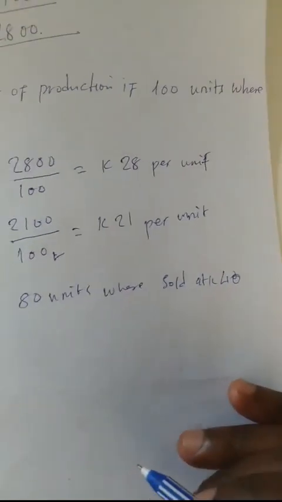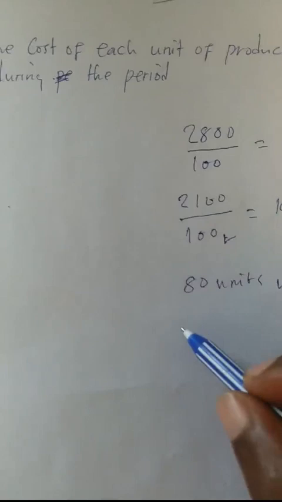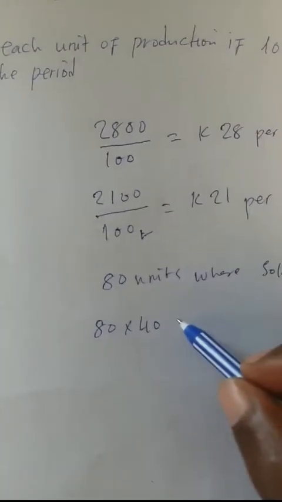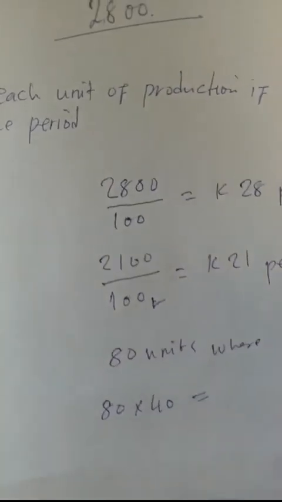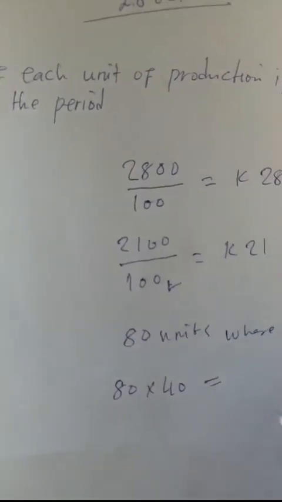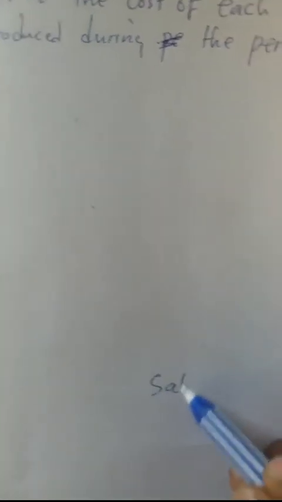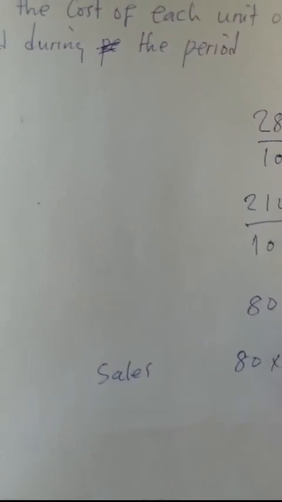So you're going to multiply 80 by 40 kwacha, which will give you 3,200 kwacha as your sales.